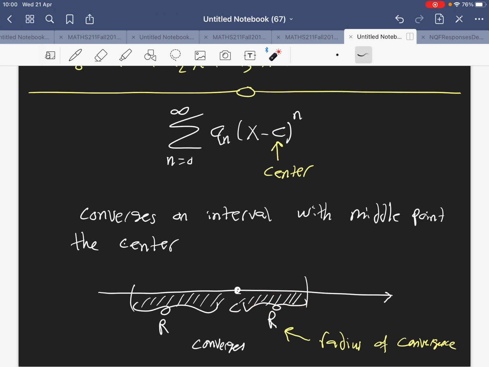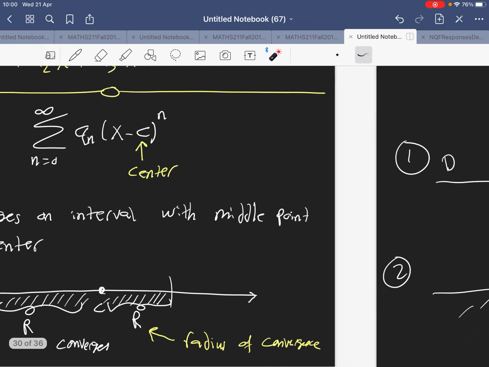And it can be as small as nothing, which is 0, so it only converges at the center. So this R can be finite, infinite, or 0. Your task is to find this R, the radius, and that's what we will do in the next couple of examples.